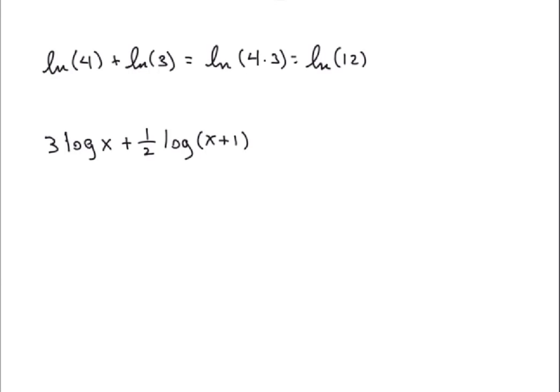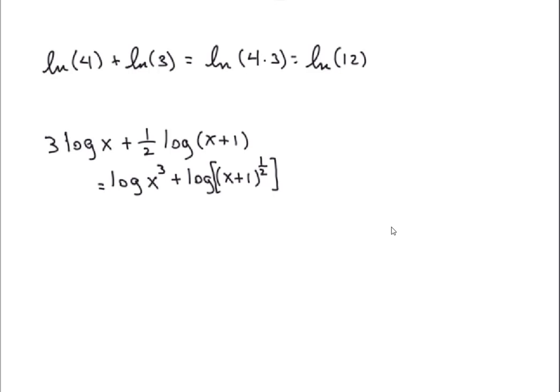We can apply the same properties to something that's a little bit more complicated here. Now, notice here we have this coefficient of 3. Well, that 3 can move inside to become an exponent, and the same with this half. So this is going to equal log x to the third plus log x plus 1 to the 1/2.